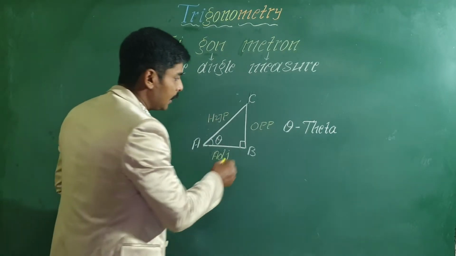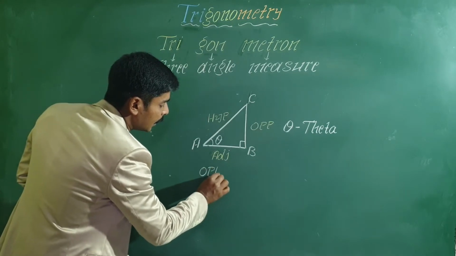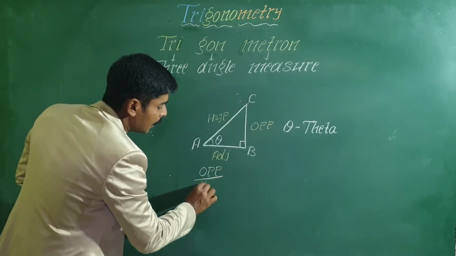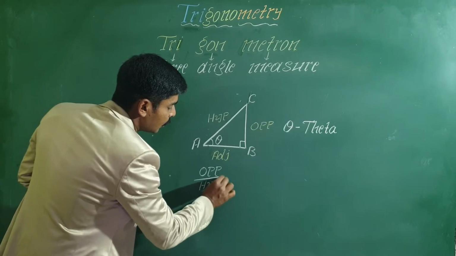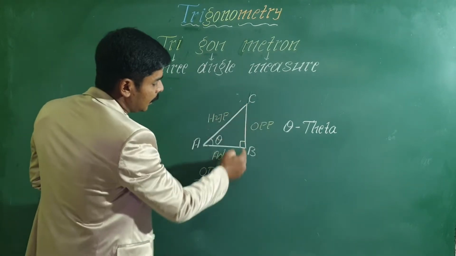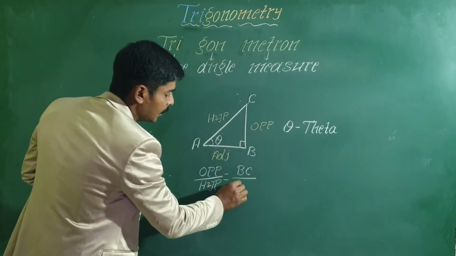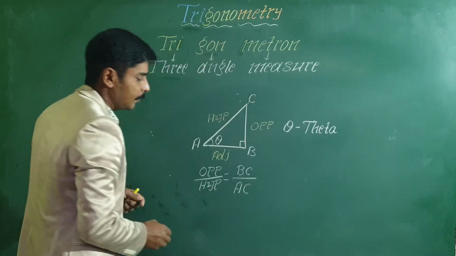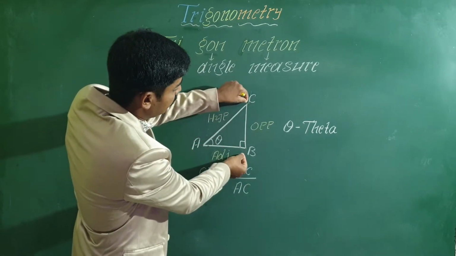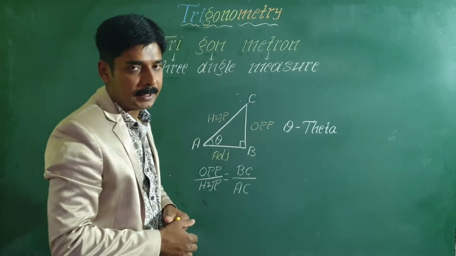Now let us take the ratio of opposite by hypotenuse, which is the opposite side here BC and the hypotenuse is AC.